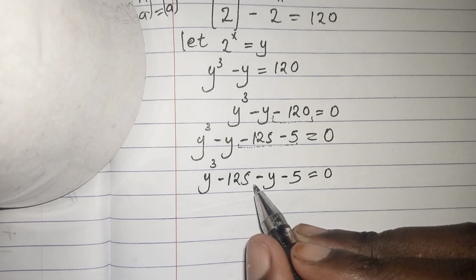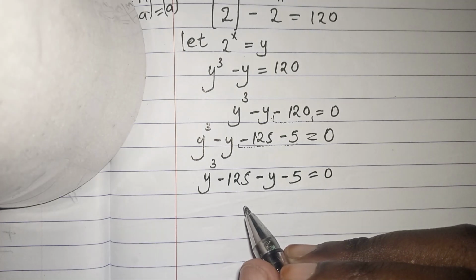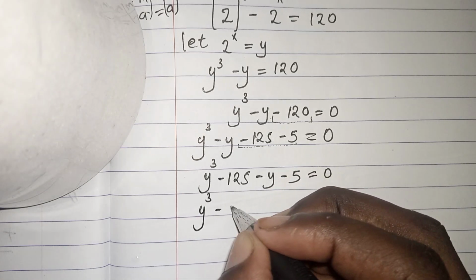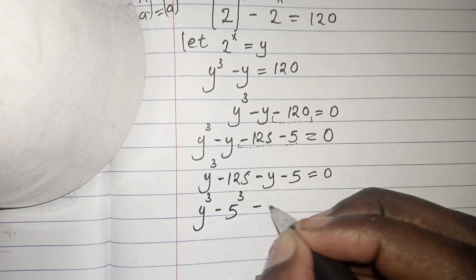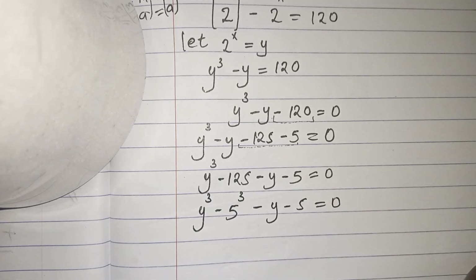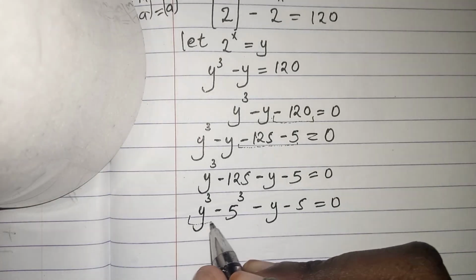Okay. So for 125, we can write it as 5 cubed. So this is y cubed minus 5 cubed minus y minus 5 is equals to 0. So this is a perfect cube.